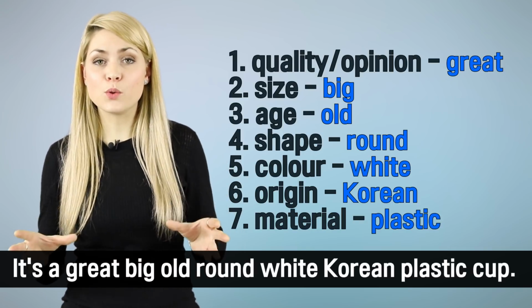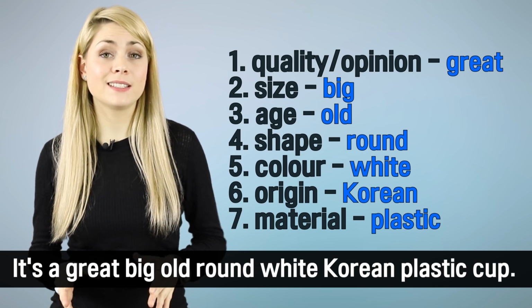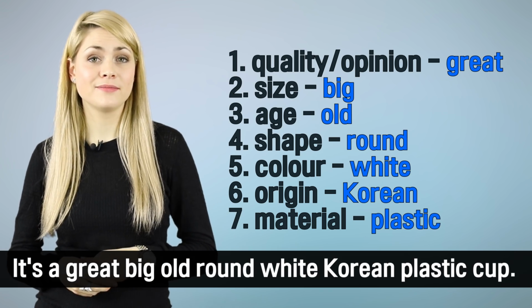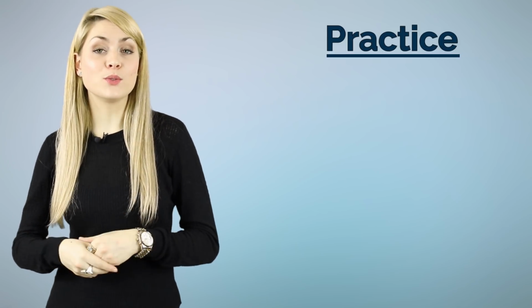That's the adjective order. I cannot break it. I have to follow it. Don't worry, guys. Most of the time, you will only use one, maybe 2 or 3 adjectives in one sentence. But still, you have to follow this order.